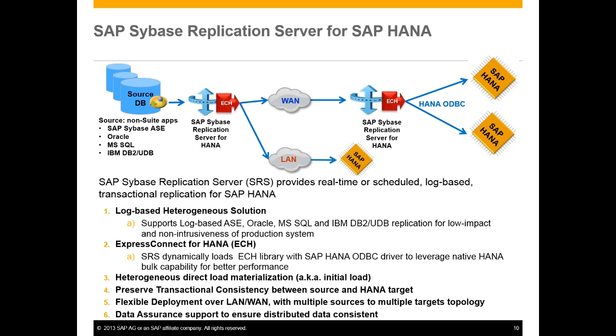Thirdly, we also introduced what we call Heterogeneous Direct Load Materialization, also known as initial load. Let's say you have millions and millions of rows already in the Oracle database. Before you can start doing real-time replication, you have to figure out a way to do the initial load, basically loading the millions of rows from Oracle into HANA.